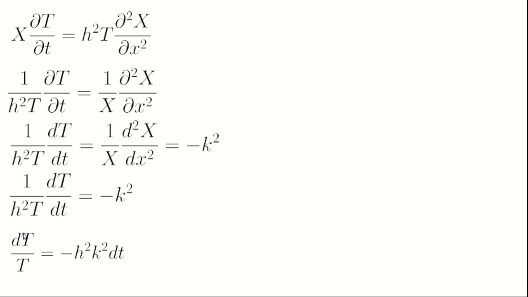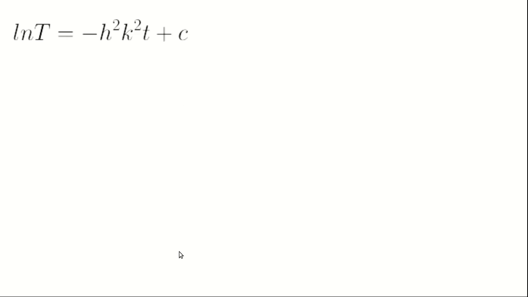From here on, we can integrate both sides, and this is what we get. If you integrate both sides, you get ln T equal to minus h squared k squared t plus a constant. Now we can make T the subject of the formula, and in doing so we send this ln to this side, which makes it exponential. So we have T equal to this part.